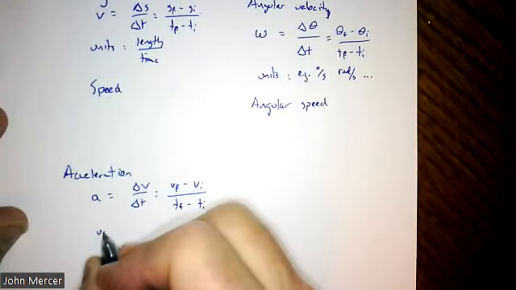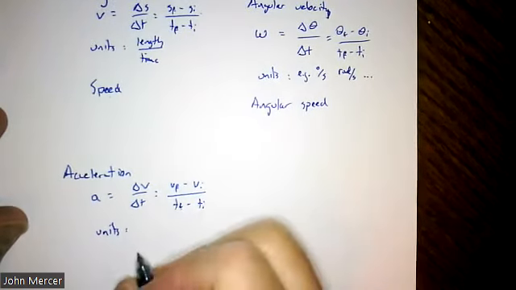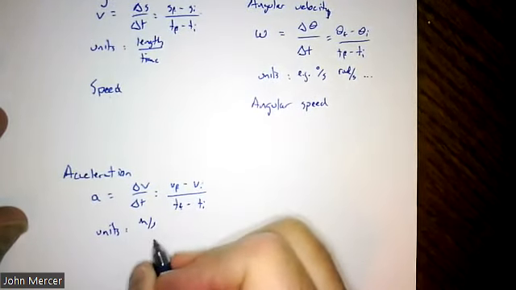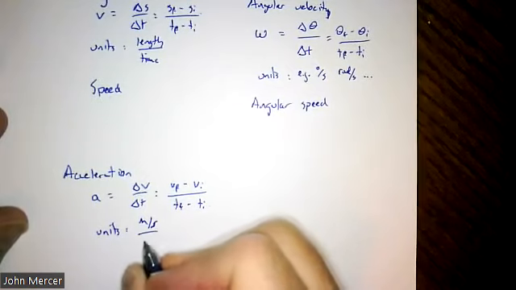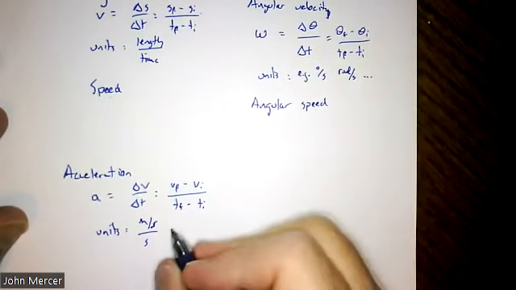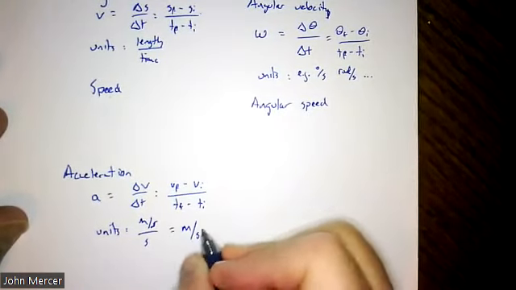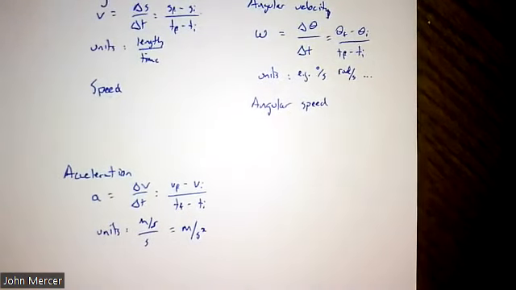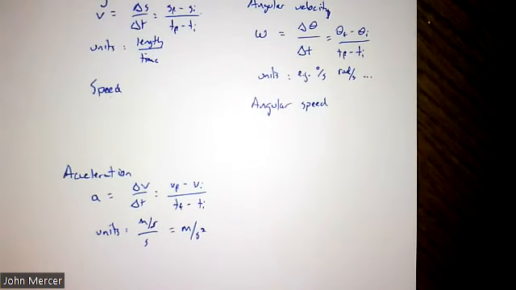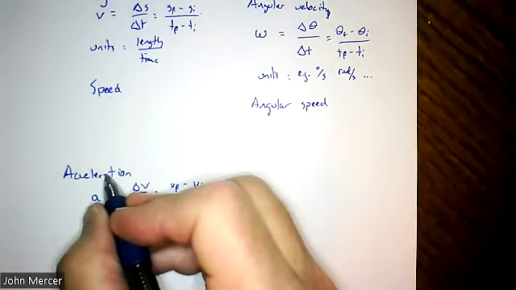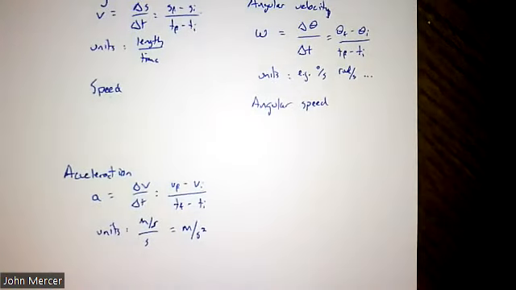And units, any units of velocity, for example, meters per second, over any units of time, seconds. And remember, this is the same as meters per second squared. You probably are used to seeing acceleration units presented like that. I don't use a scalar of acceleration, but acceleration is a vector, and it's described by both magnitude and direction.